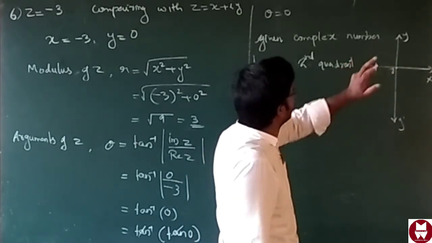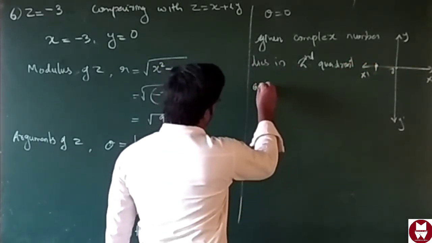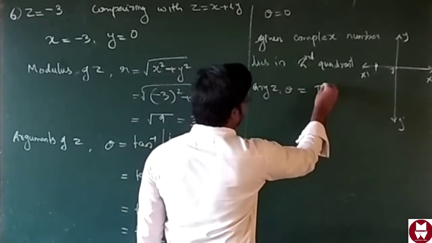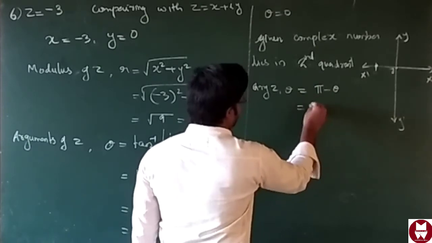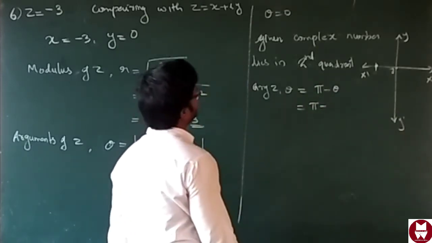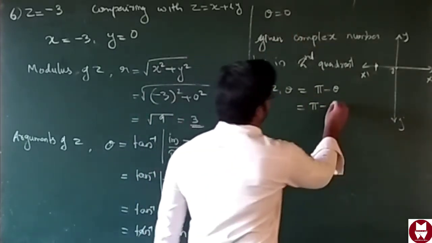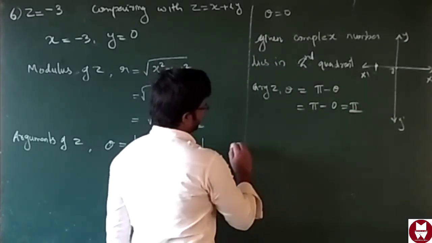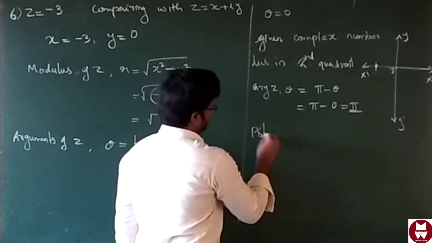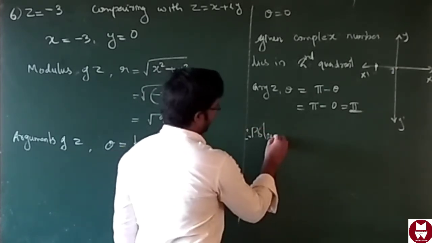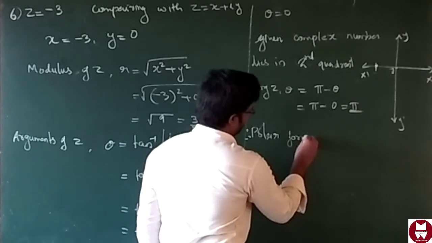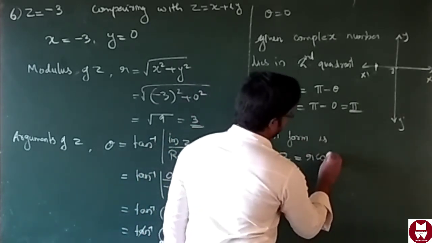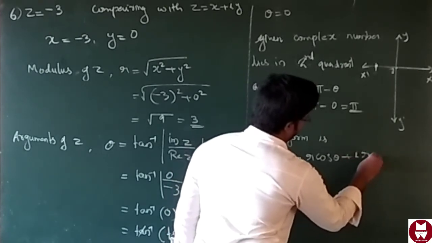If I consider the second quadrant, the argument of z, theta, we can write in the second quadrant as pi minus theta. That is pi minus theta, how much? Theta 0, equal to pi. Therefore, the polar form is z equal to r cos theta plus i r sin theta.